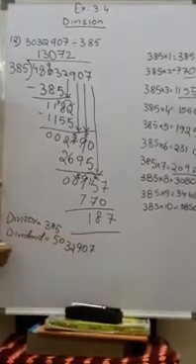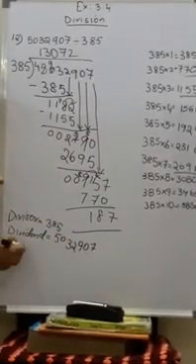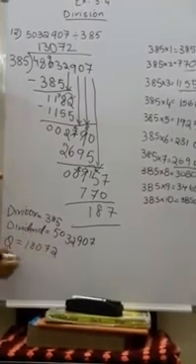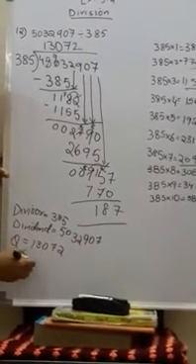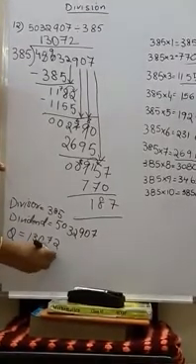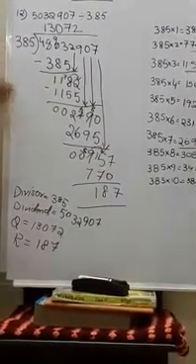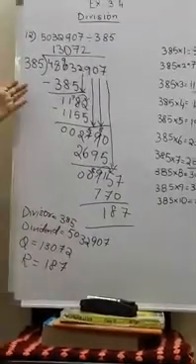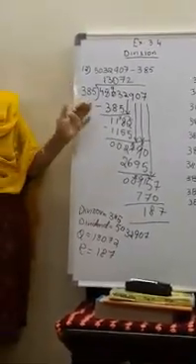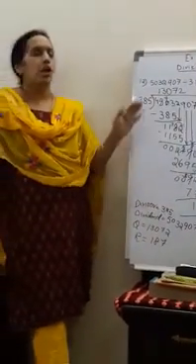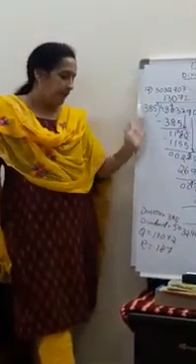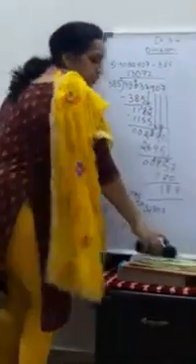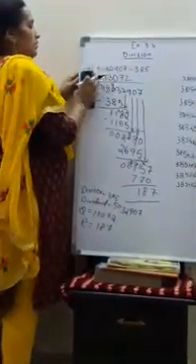The quotient is equal to 13072 and the remainder is equal to 187. Check the answer. How will you check the answer? As I told you, division is the reverse of multiplication. You can check the answer by multiplying these numbers. Now shall we go with checking the answer? Yes.